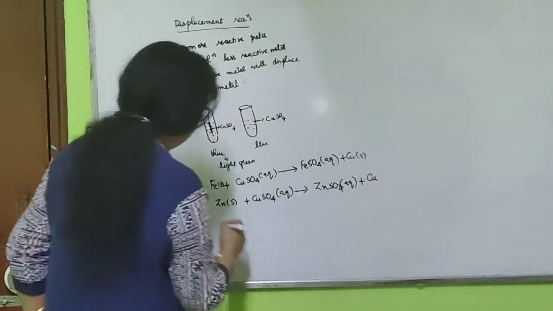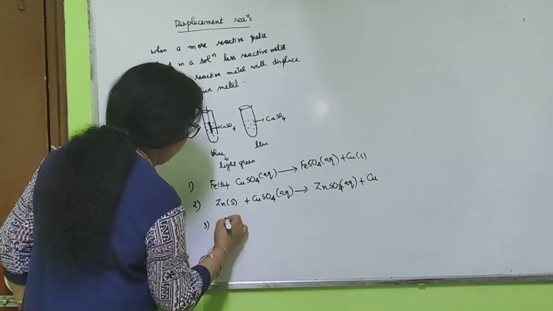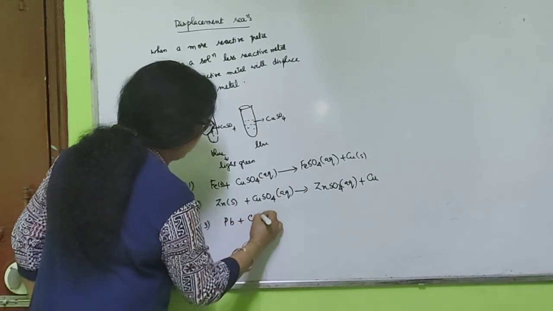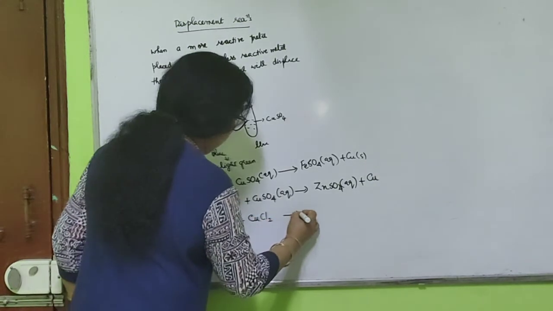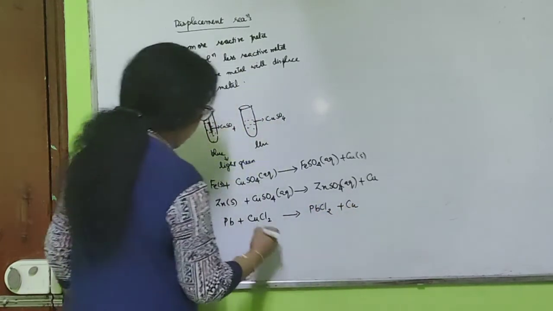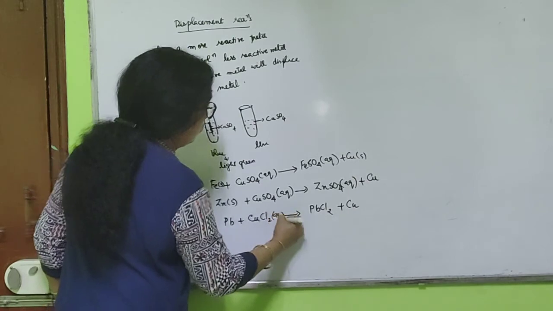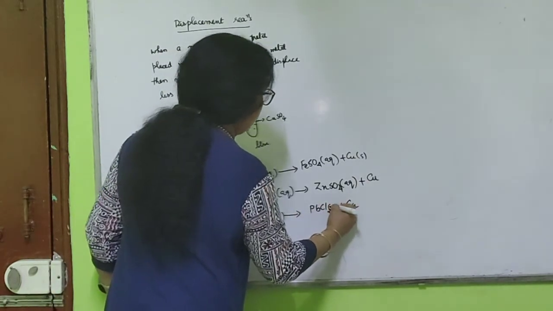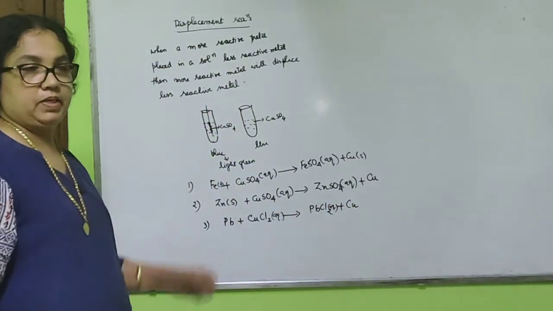Another example is lead, Pb. Lead with copper chloride, CuCl2, gives PbCl2 plus copper. This is also a solution. Yes, these are examples of displacement reactions.